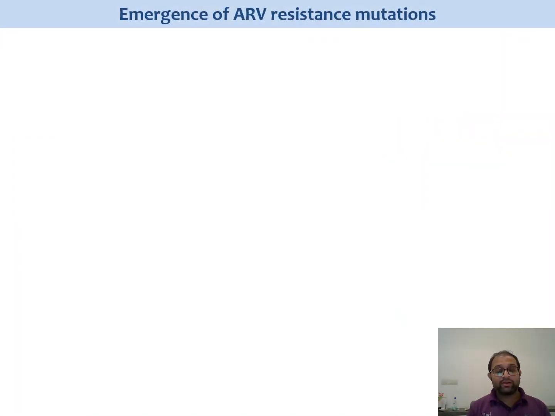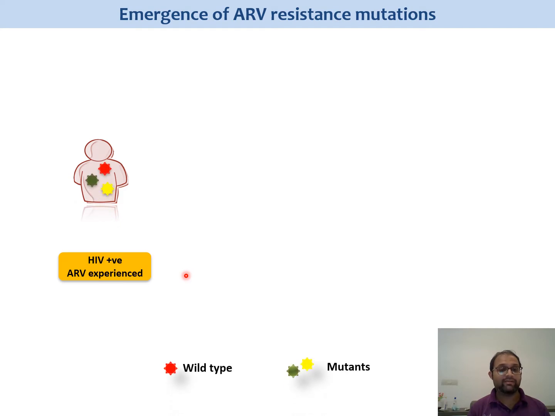Before we go ahead and talk more about HIV drug resistance, I think it is important to understand how the mutant variants emerge, and they become dominant in individuals and then can also be observed at population level. So let's assume that this is an HIV positive individual who is on ART therapy, and because of that, he may have the wild type virus as well as the mutant viruses.